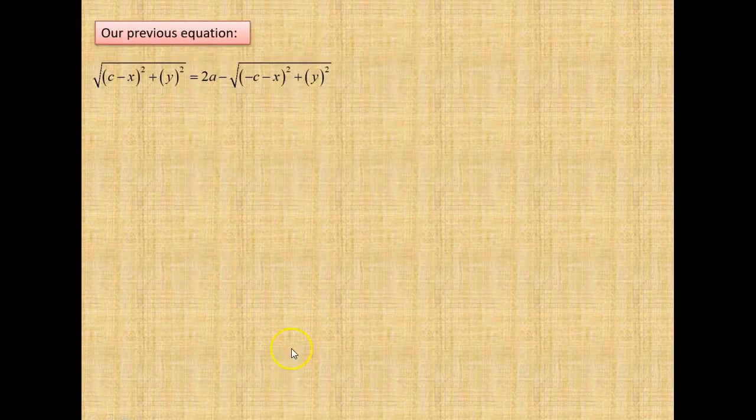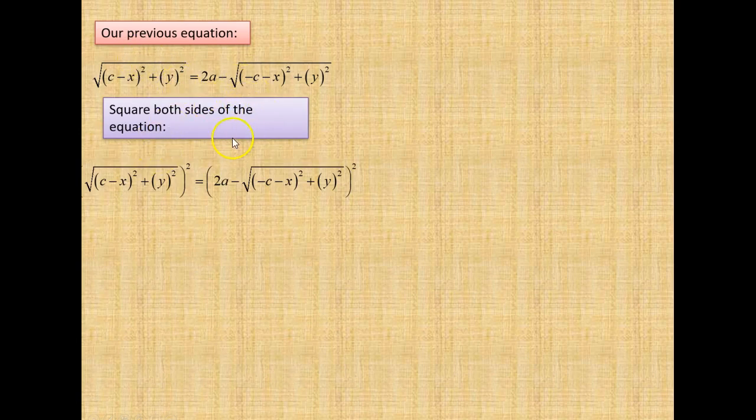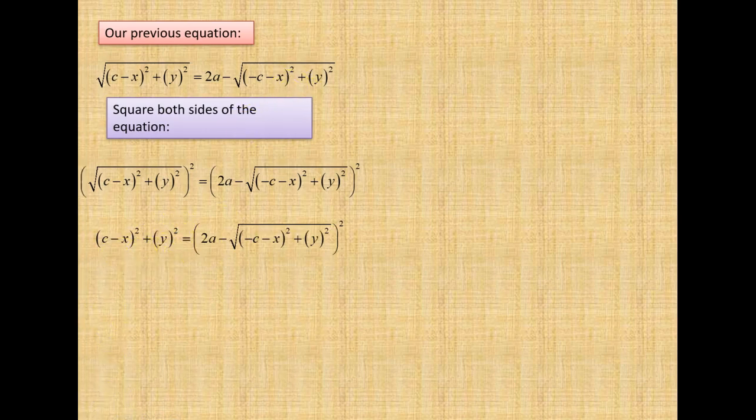Let's continue. Here's our previous equation. Now let's square both sides of this equation. When we square a square root, that's equal to just the quantity inside. So we square this side, and on the left side we get y squared.